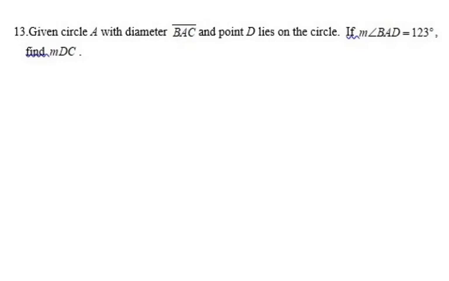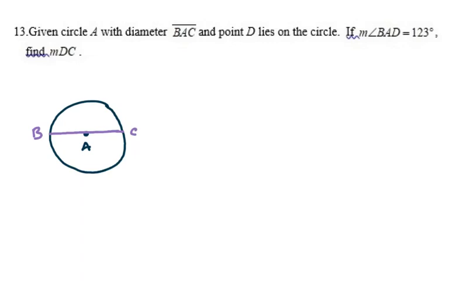In my next problem, I start again drawing my picture. So I draw a circle A, and I have a diameter drawn in here, BAC. And point D lies on the circle.